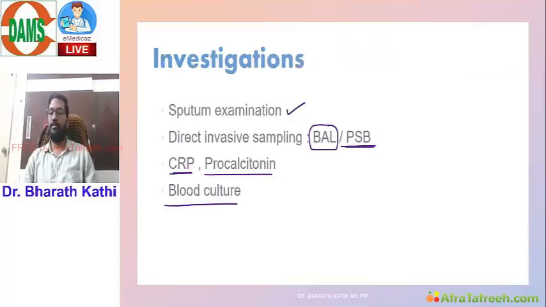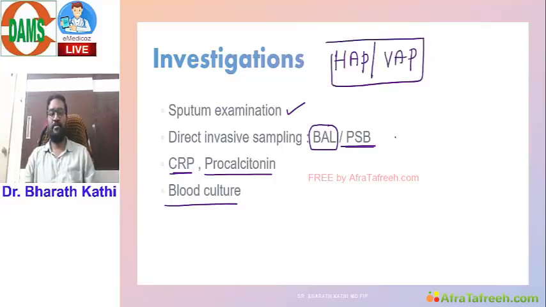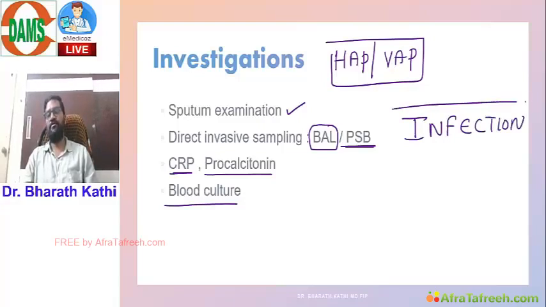See, what are the indications of sending procalcitonin? You have suspected hospital-acquired pneumonia or ventilator-associated pneumonia. So if there is an infection, you can send procalcitonin, especially for bacterial infection.